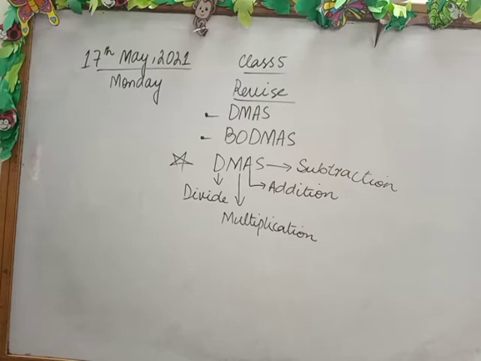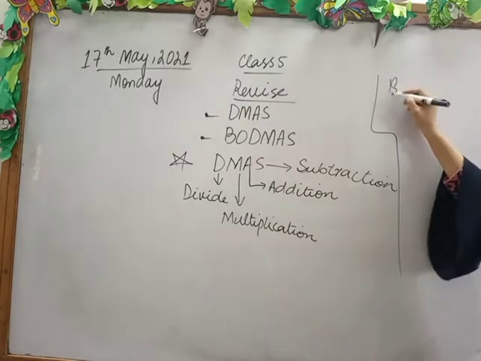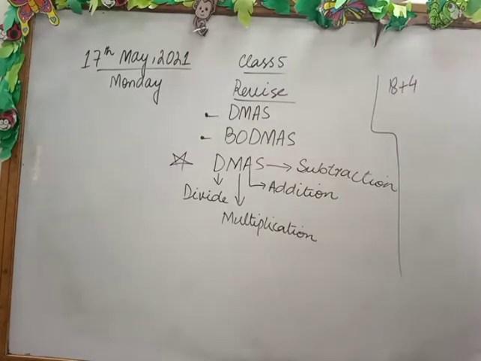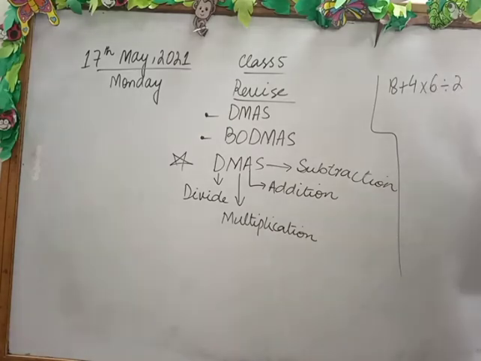For example, I have a question that is 18 plus 4 multiplied by 6 divided by 2 minus 9. If you look class, in this question all the operations are used.